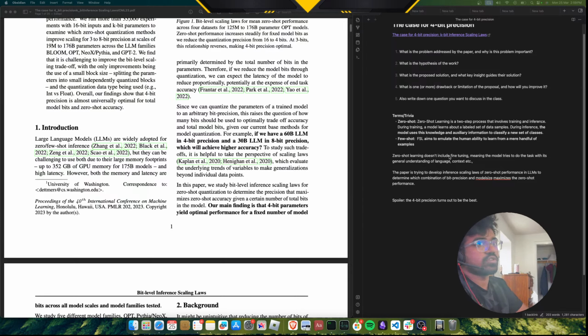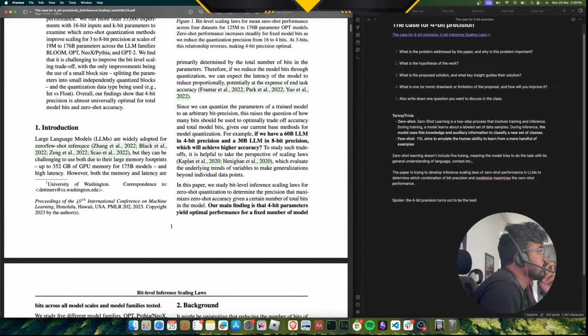In few shot learning, you give a handful of examples for it to learn the nitty-gritties of the task it's meant to do, and after that it might perform better. Maybe image classification and such things might need some few shot examples. So that's zero shot, few shot. Okay, back to the paper.